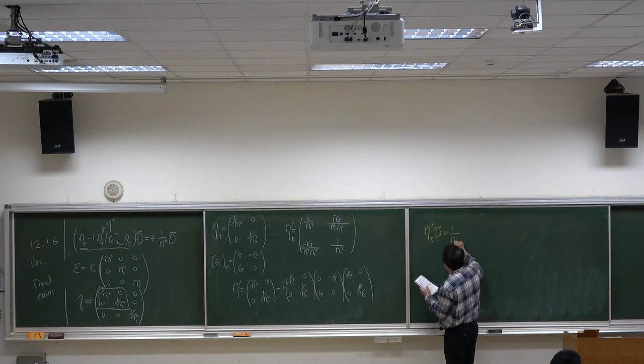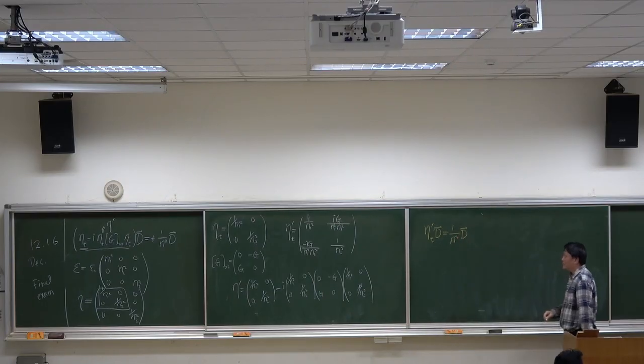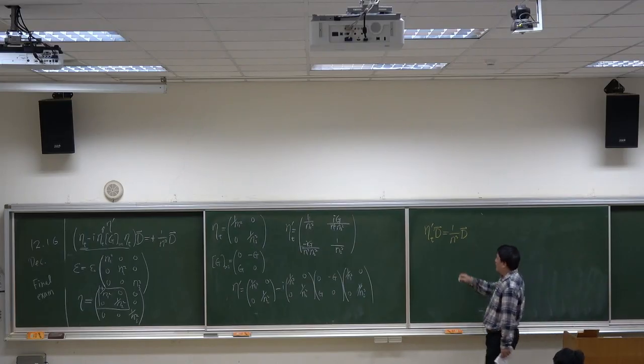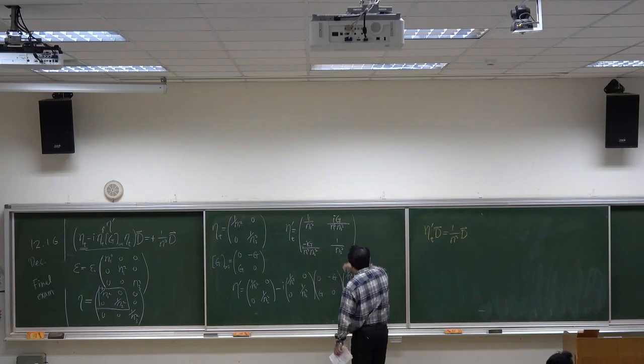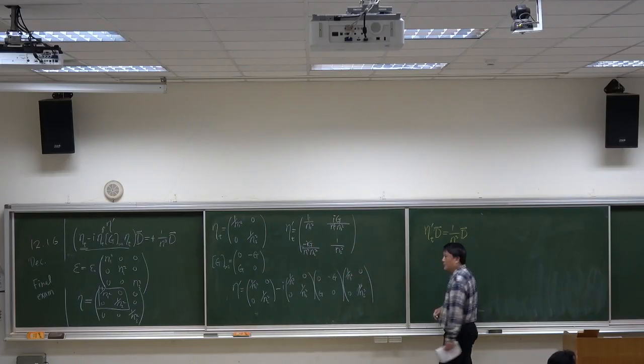Eta prime t times d is equal to 1 over n squared times d. This means that 1 over n squared is the eigenvalue of this eta prime t.